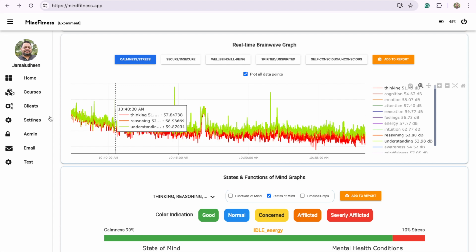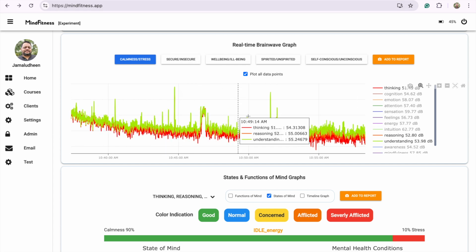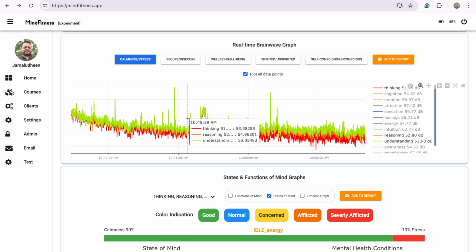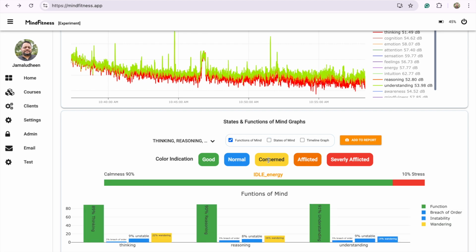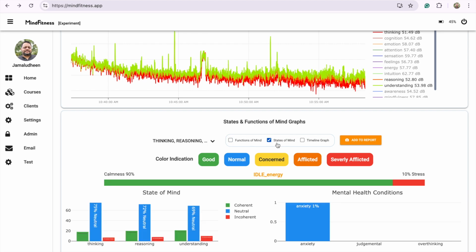That is what we are seeing for my practice of 20 minutes here. From this real-time brainwave graph, we are trying to understand how the mind is functioning in that moment. What are the states of mind? And we have various timeline analytics as well.